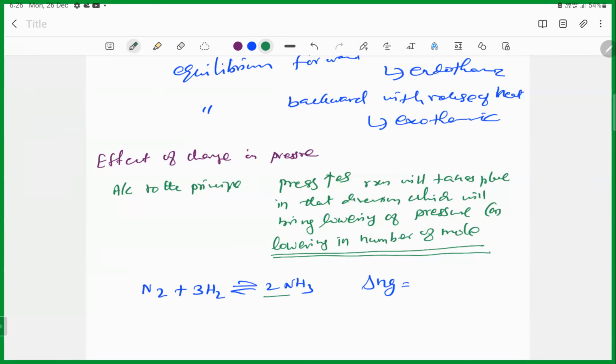Product minus reactant. What is the value for the product? 2. If you don't know, please tell me you don't know. The reactant moles are 1 plus 3, so totally 4. 2 minus 4 becomes minus 2. Correct? Am I right or not?